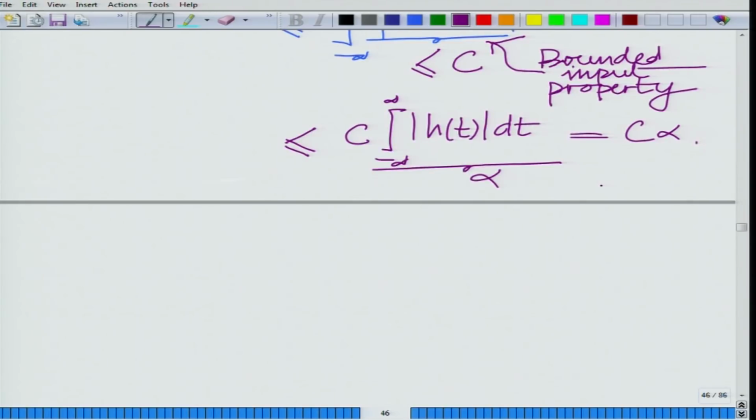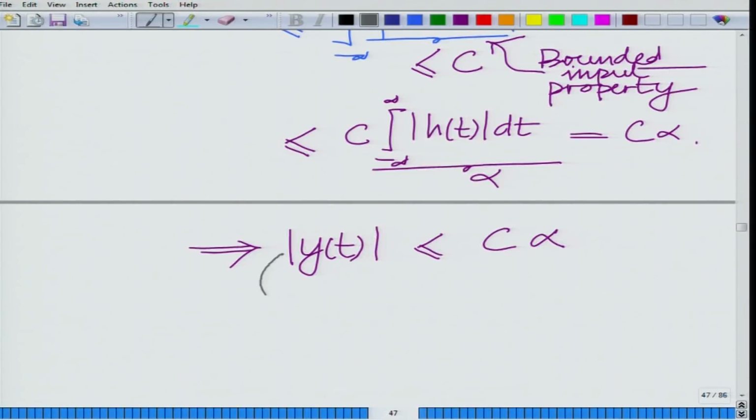This implies that magnitude y of t is less than or equal to c times alpha, which means the output y of t is bounded. So what we have demonstrated is that if the integral from minus infinity to infinity of magnitude h of tau d tau is a finite quantity, then every bounded input will produce a bounded output for the LTI system.